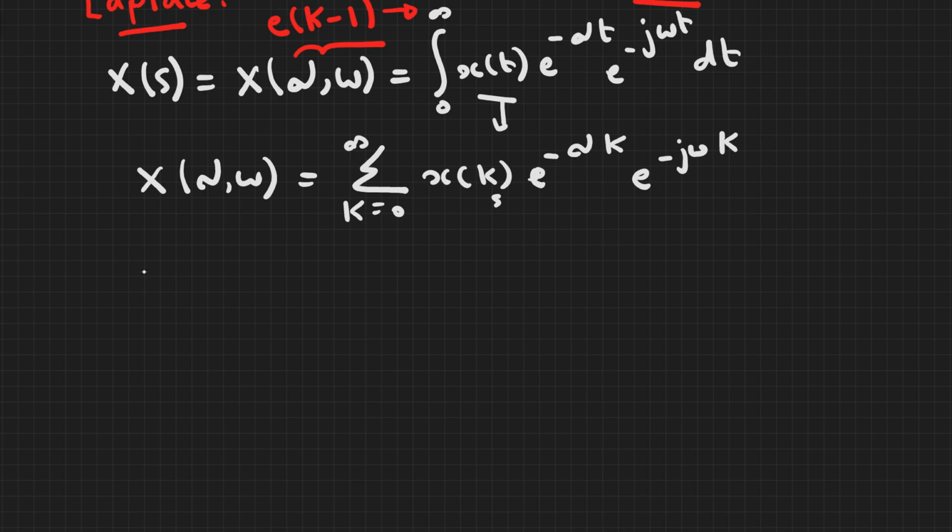So this is the first step towards deriving another transform. Now, instead of having the term e to the minus sigma k, what if we represent it this way, by r to the minus k?